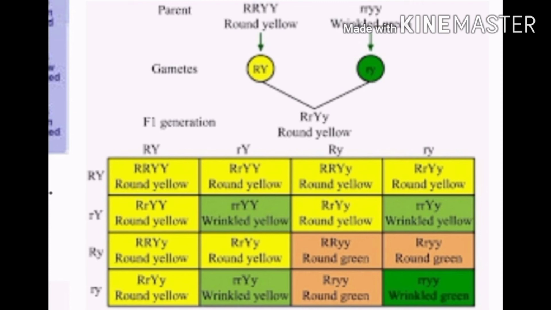That is, seed color is independent of seed coat. This is known as the law of independent assortment. Through this law and this experiment, Mendel tried to prove that genes are independently assorted.